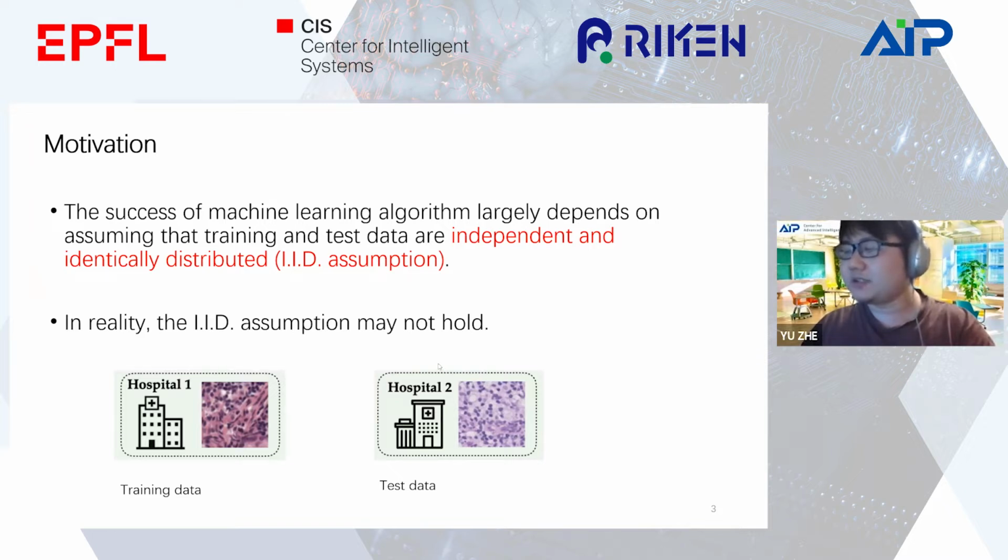Since hospital 1 and hospital 2 differ, for example in devices or patients, the data will have different distributions. In such a case, the IID assumption may not hold, and the performance of the machine learning models may decrease significantly.